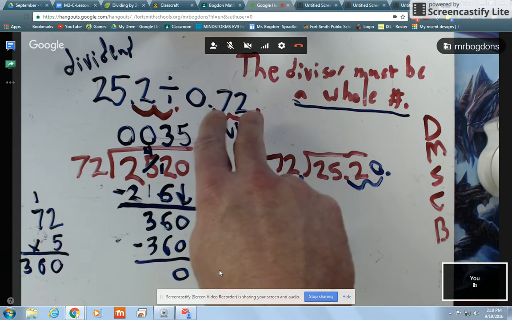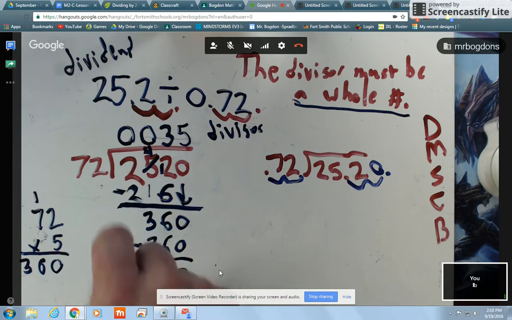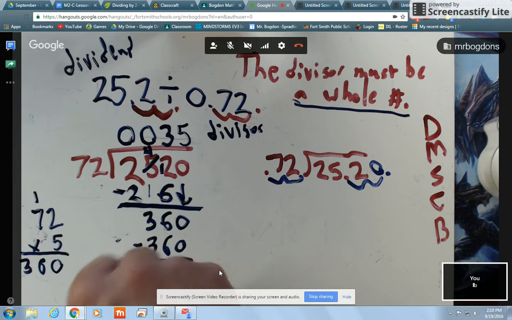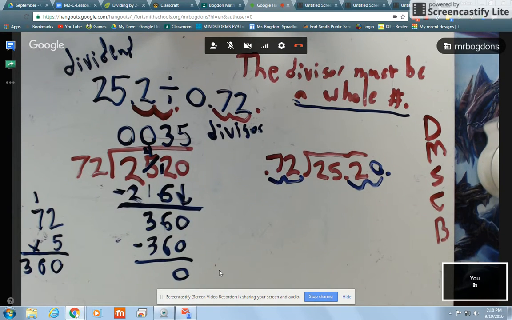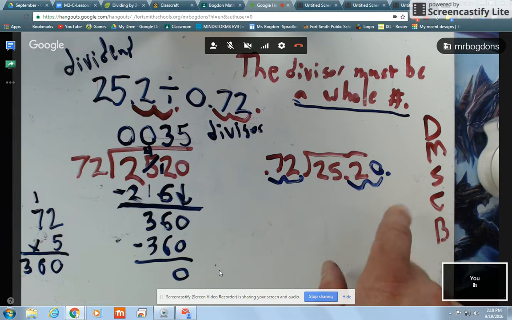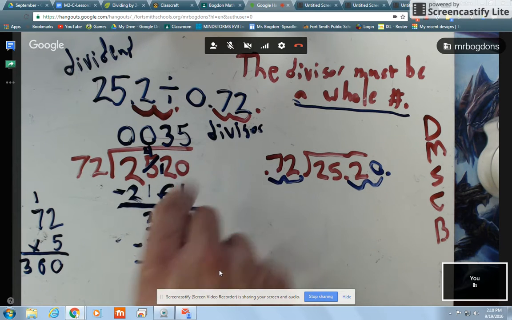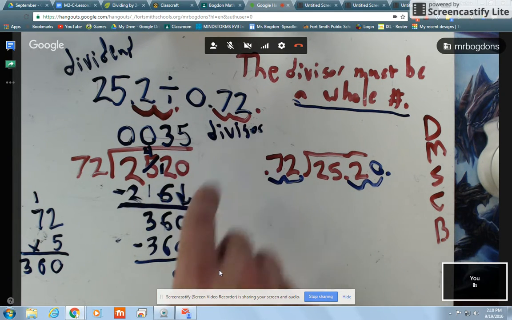If I move 2 place values in my divisor, I need to move 2 decimal places in my dividend. I have this nice whole number division problem. I divide, multiply, subtract, check, bring down until I've gone through each one of my place values. Step by step by step by step.